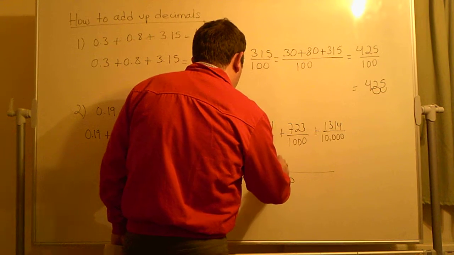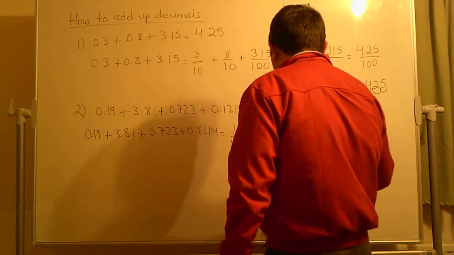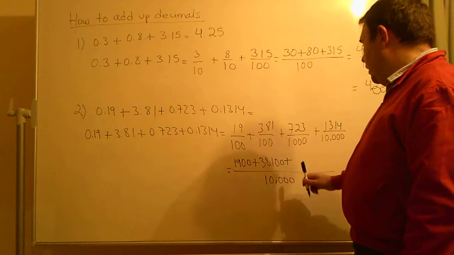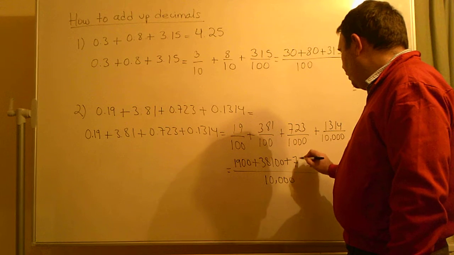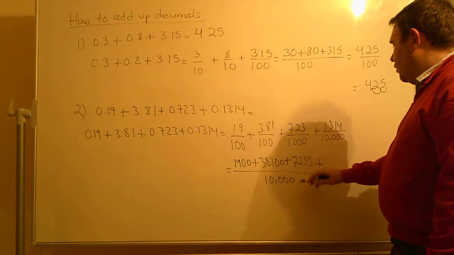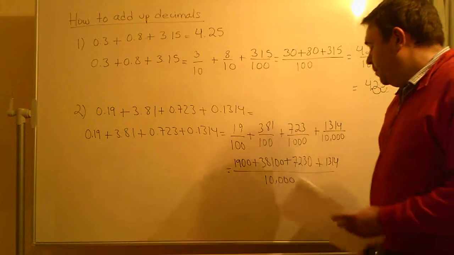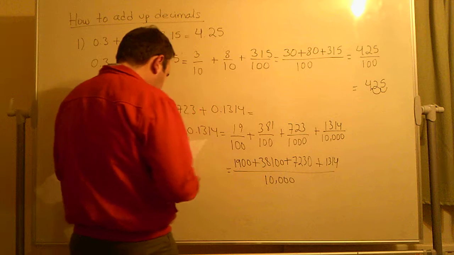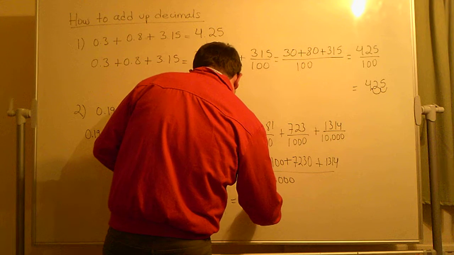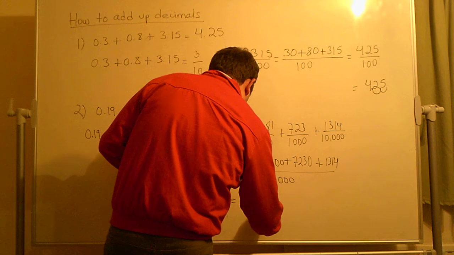Sorry, 38,100 plus 10,000 divided by 1,000, which would be 10 times 723 would be 7,230 plus 10,000 divided by 10,000, which would be 1 times 1,314. And then this would be 48,544 divided by 10,000.